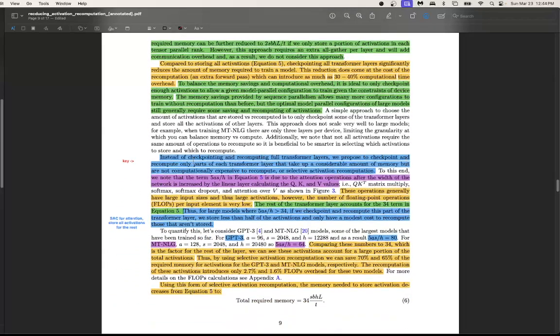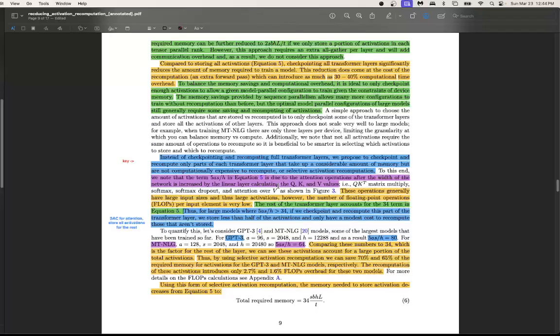So what they do is look at some of the layers and try to find activations where by checkpointing you would save a bunch of memory because the activations are very large, but recomputing them requires very little computation.